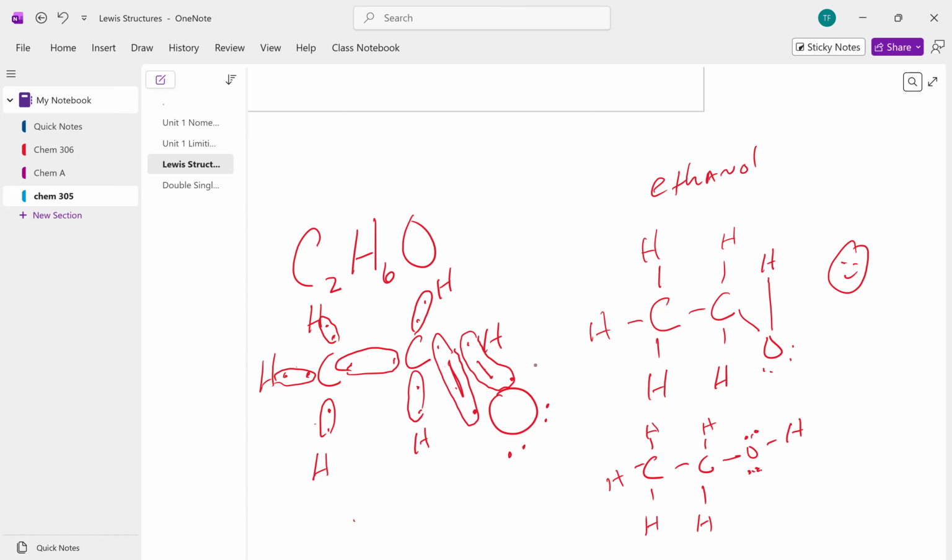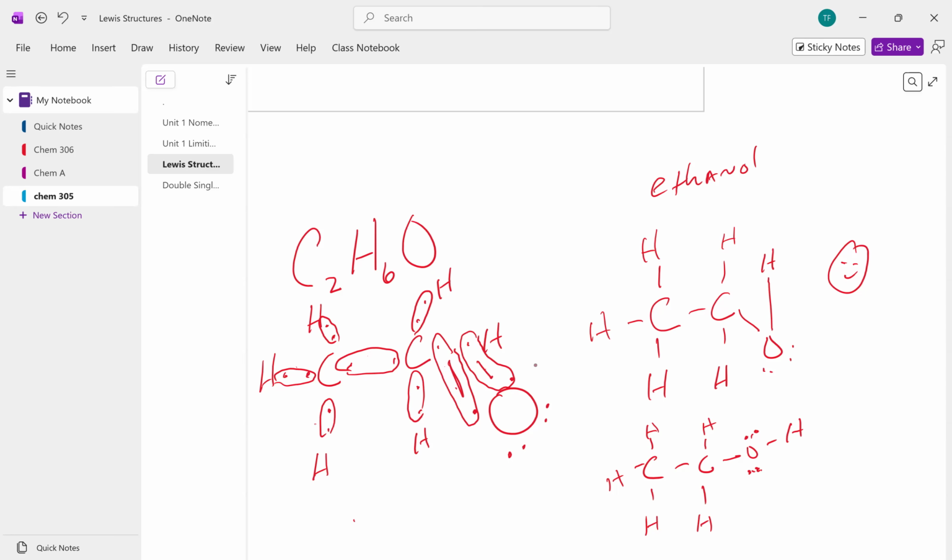Could you explain how you did the checking for the octet with the bonds, like you said each one had 8? Yeah. Each single bond has 2 electrons. Each double bond has 2 and 2 or 4 electrons. Each triple bond has 2, 2 and 2 or 6 electrons.